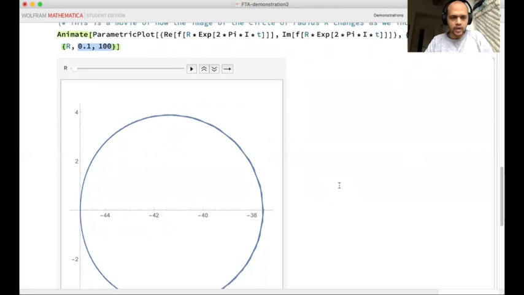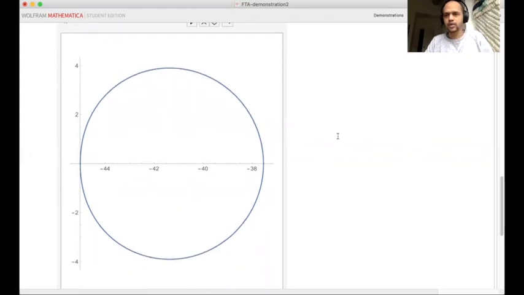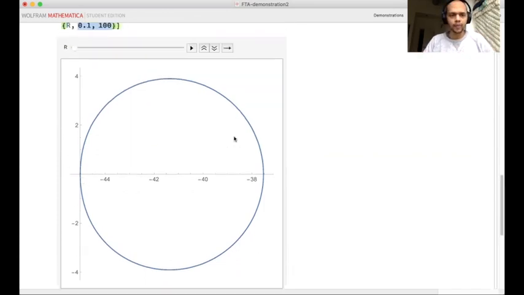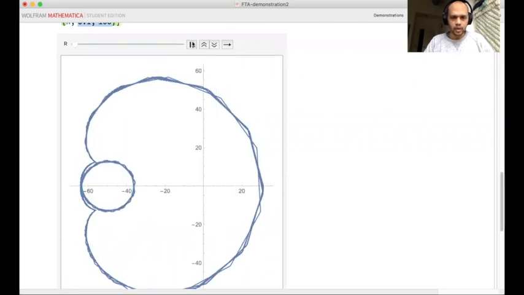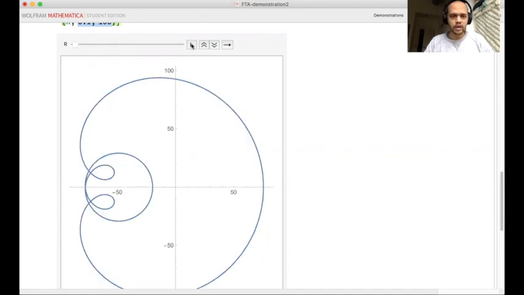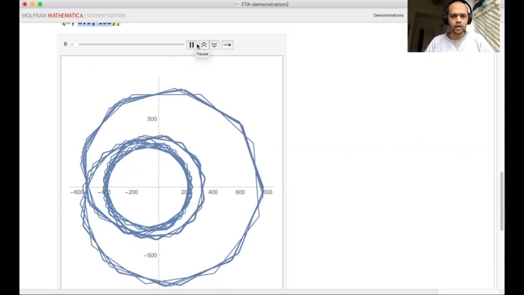At the very beginning, we're looking at the circle of radius 0.1, and it doesn't wind around the origin at all. Notice the x-axis is going from like minus 30 to minus 50, so it's far away from the origin. But as we play this, the axis just came in, so now we have winding number 1, and then 2, 3, and 4.